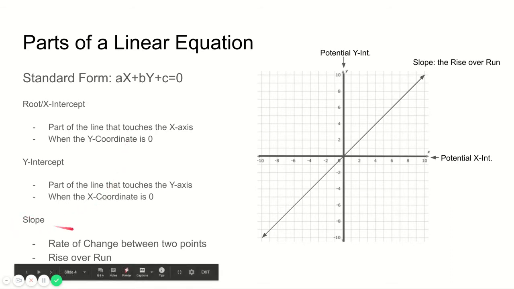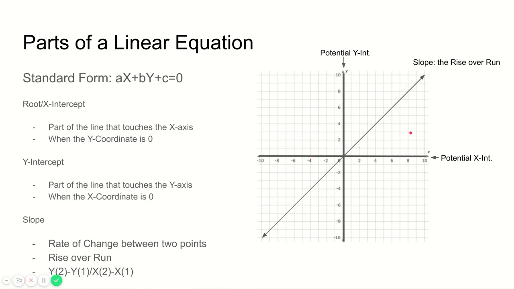Lastly, we have a slope, and it is a rate of change between 2 points. Essentially, I like to call it rise over run to help make it stick in my head. So what does this mean? We would try to find 2 points, any 2 points would work, and we would try to find the rise of those 2 points divided by the run, or the movement from left to right of those 2 points.